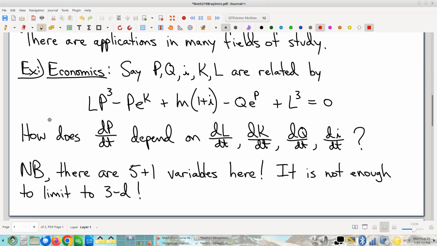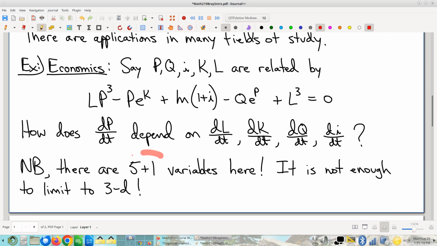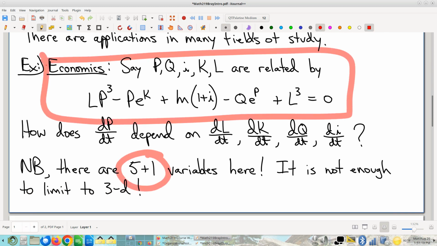Check this out. We have 6 variables in this economic model here. We are doing math in 6 dimensions. It's kind of a creepy thought. Right? But anyway, so this idea that you never need to go above 3 dimensions, nonsense. Of course you do. And you can imagine similar examples in engineering.